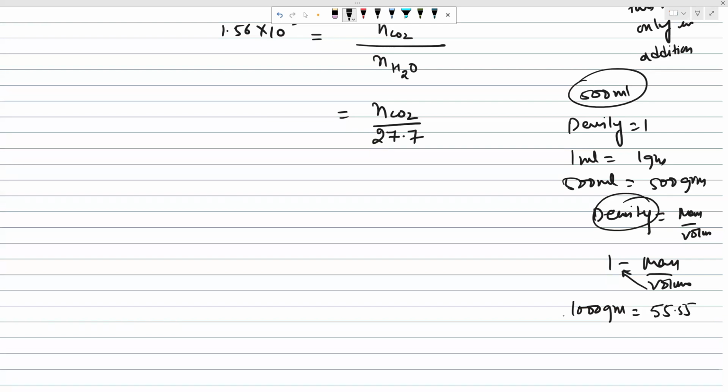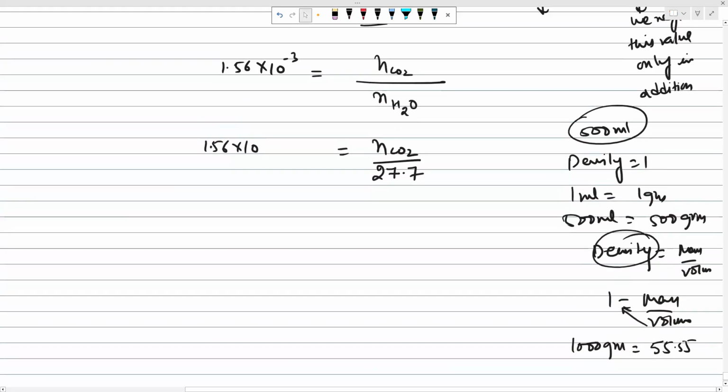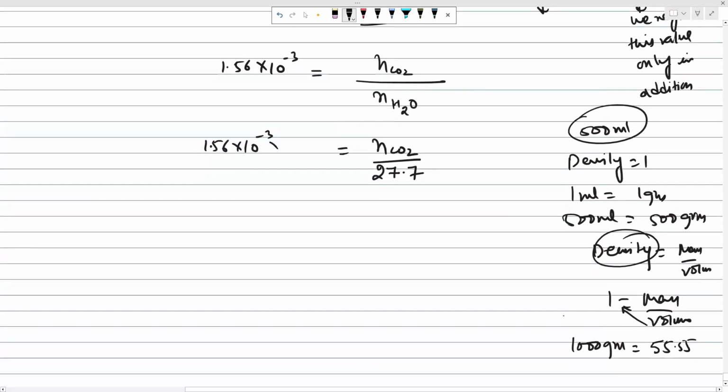Yes, sir. Now multiply this value to that side. You will get 1.56 into 10 raised to the power minus 3 into 27.7.